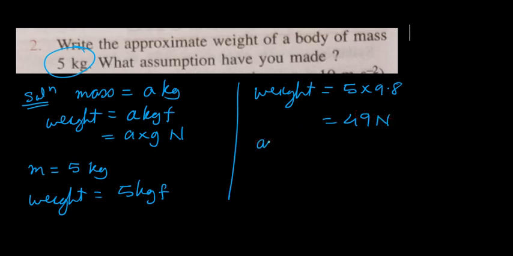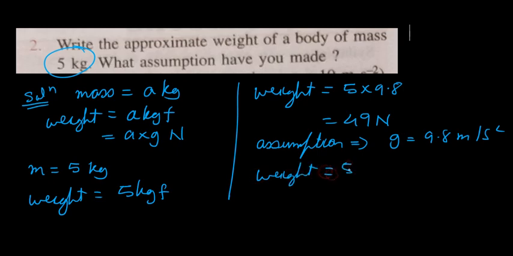So over here our assumption is that we took g value as 9.8 meter per second squared. You can also get the answer as 5 into 10, that will be 50 Newton.